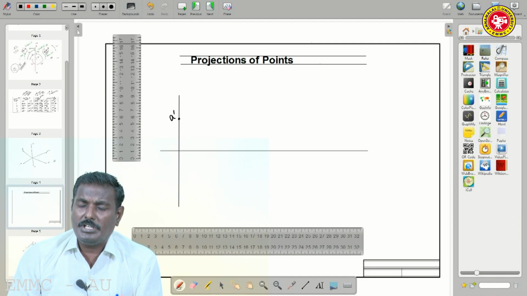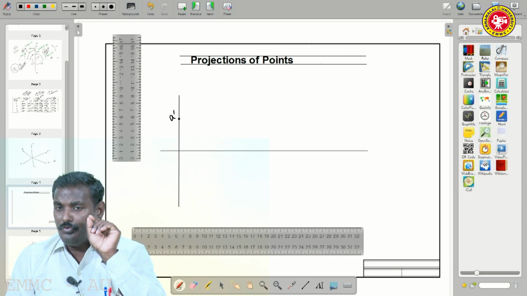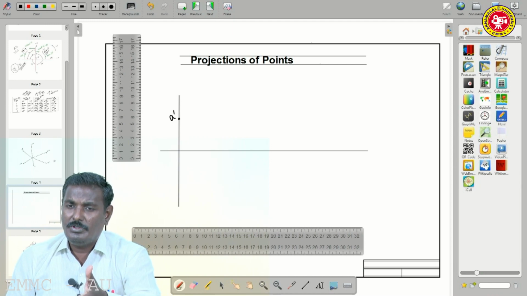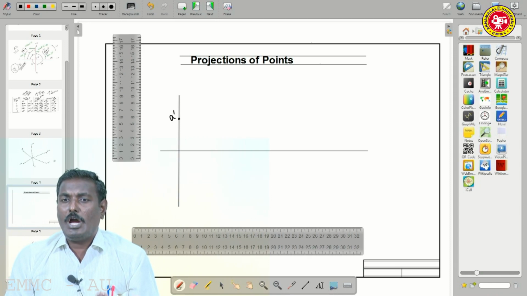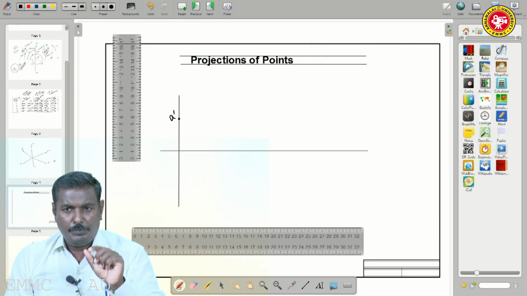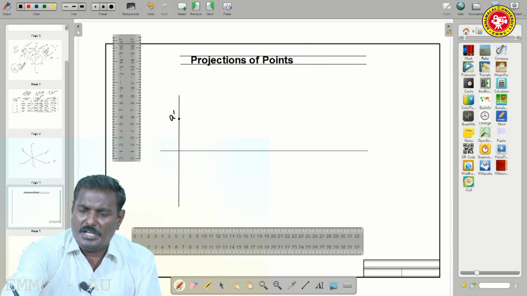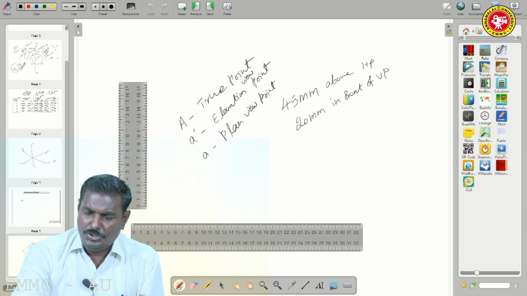Once you have found the elevation, what about the other view, the plan view? At what location do we have to draw another projector? No. We have to draw the point, but where? In the same projector. This is the projector.